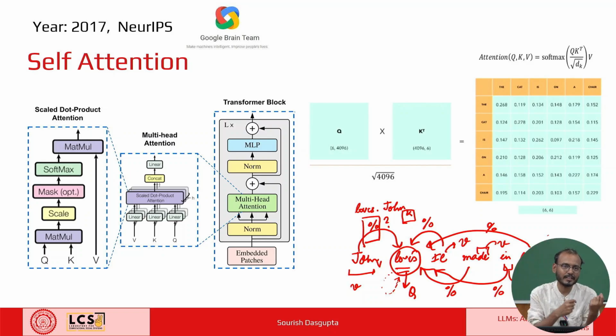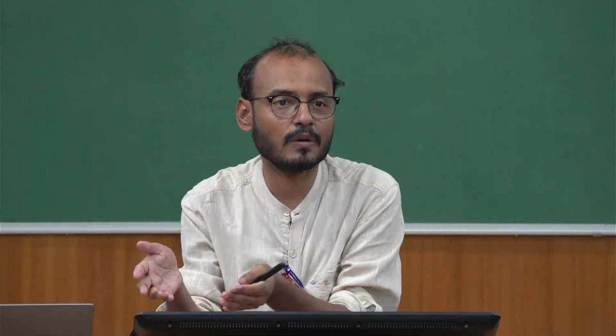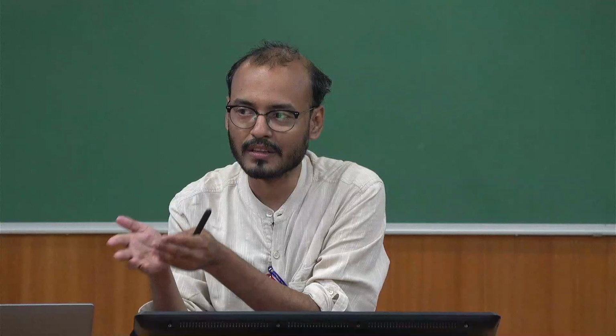But how do we then do that? That's why you need a representative key of John that would now go and do the dot product with loves. That's basically the essence: if I have to influence you, I don't really have to stand beside you and then influence you.